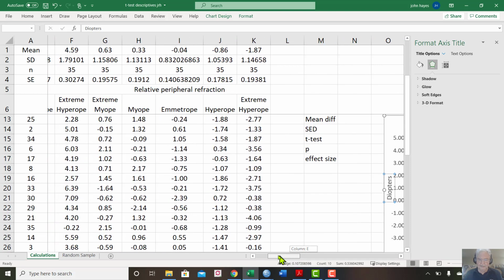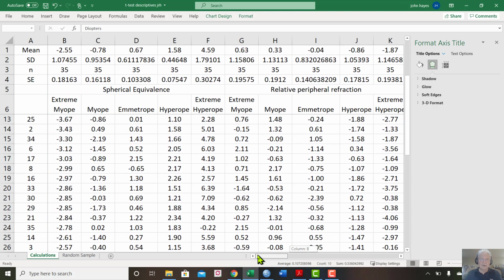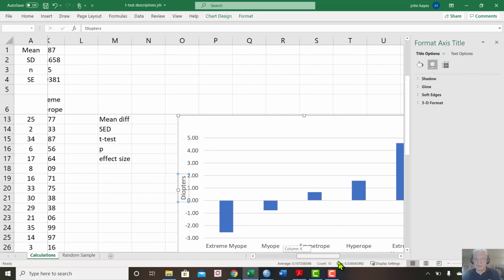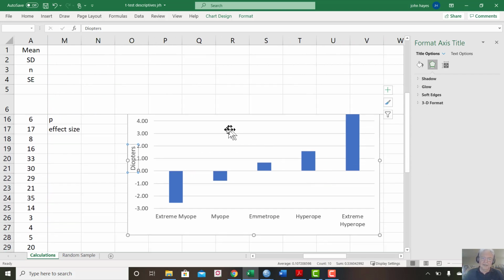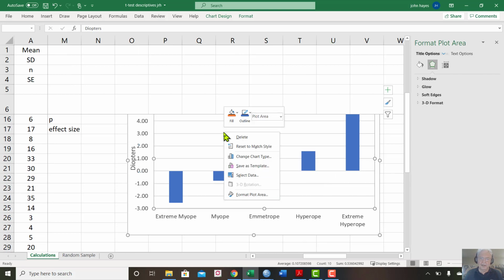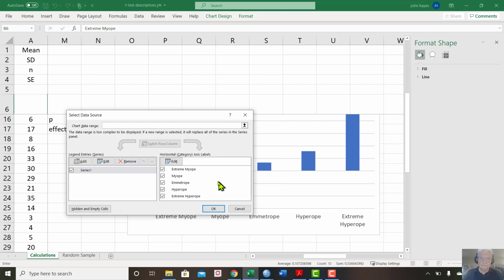All right. Now, it'd be also nice to know, let's plot that next to relative peripheral refraction. So to do that over here, we're going to come in and we are going to right click. We're going to select data, and this says series 1 right now.